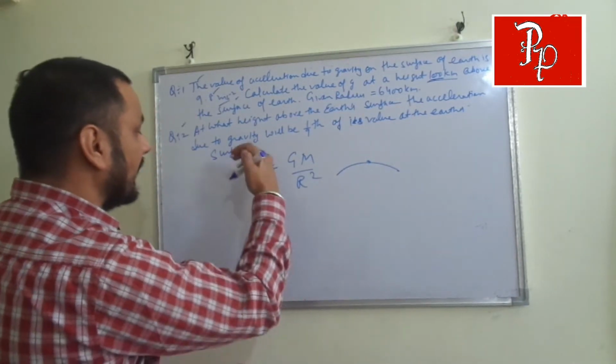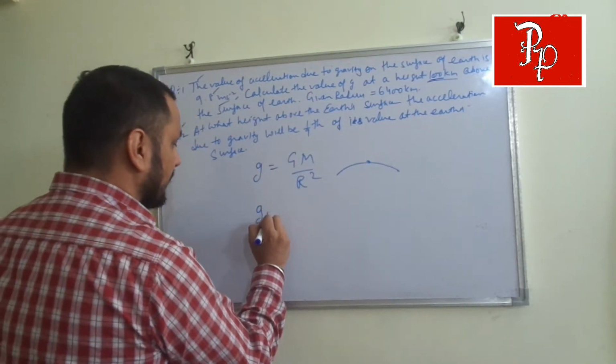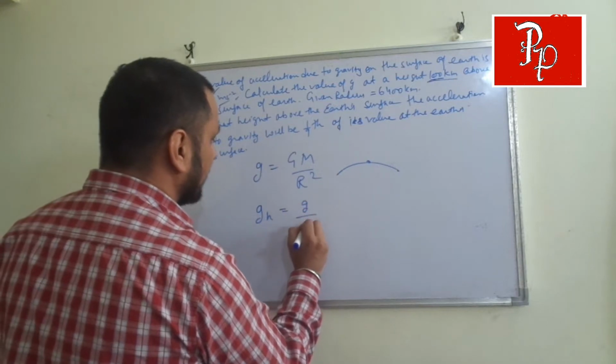At a certain height, gh should be g by 9.